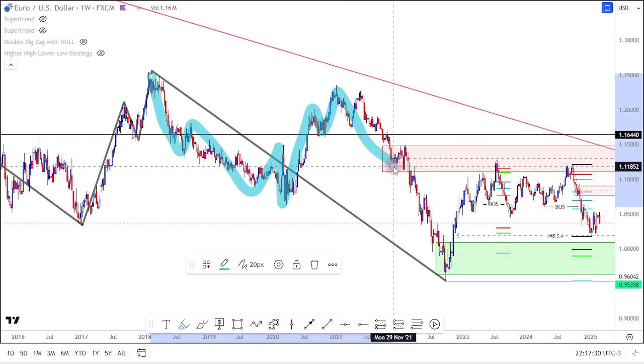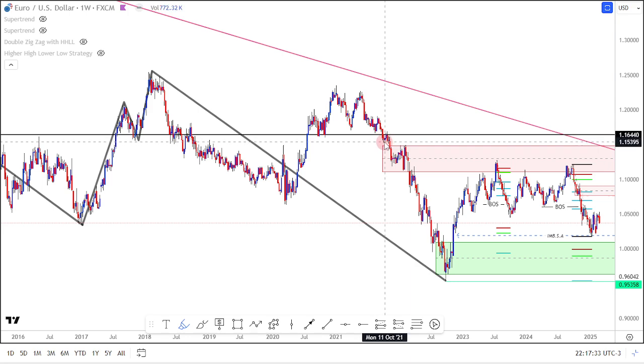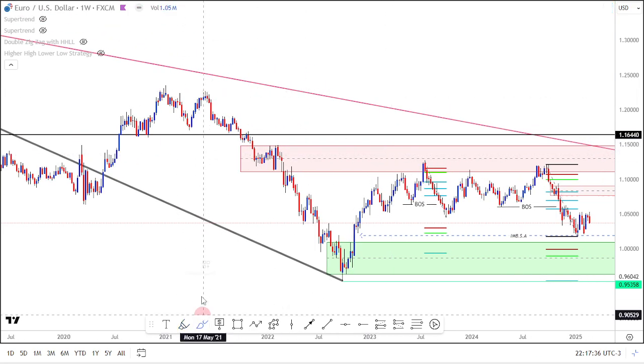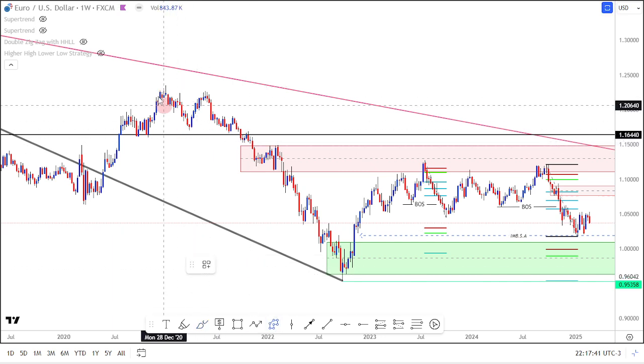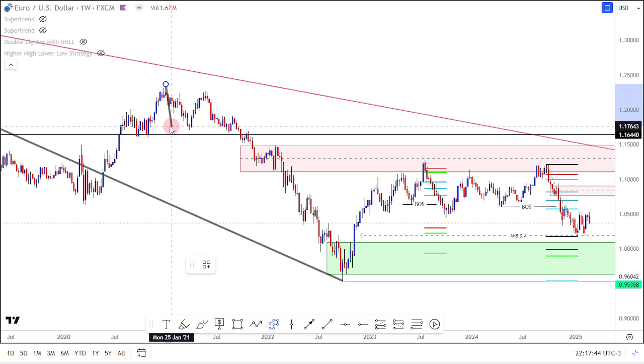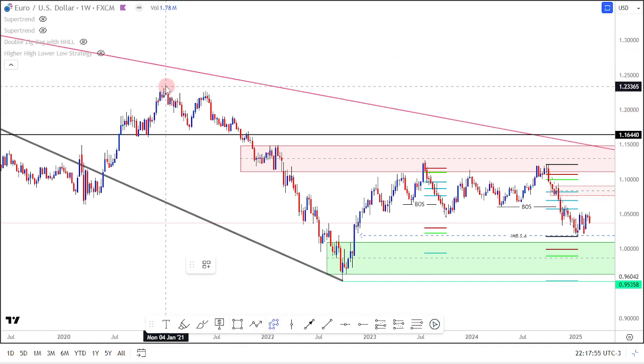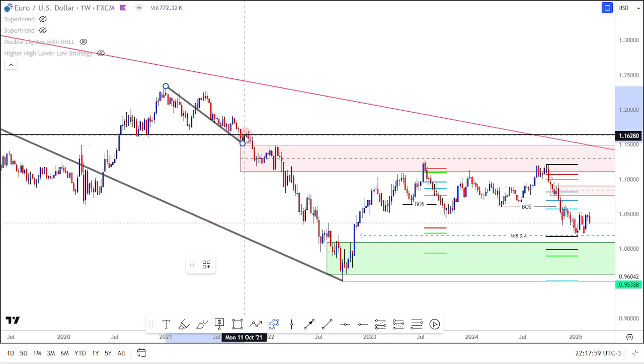Now we have this one here, we have a lower low here, not this, excuse me. So this was a low, lower high here, because it broke this low here. So this was a lower low, we have a lower high here, lower low again, lower high, lower lows.